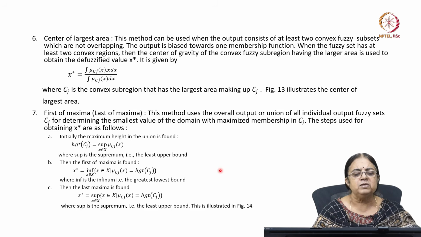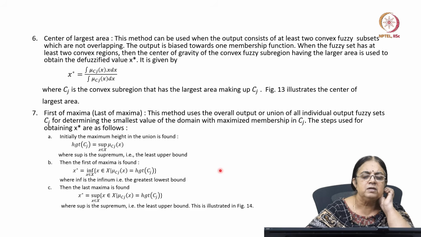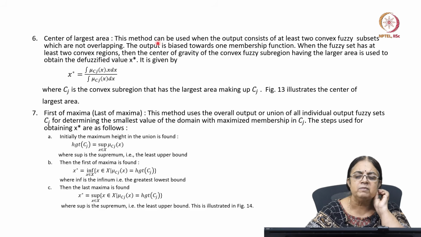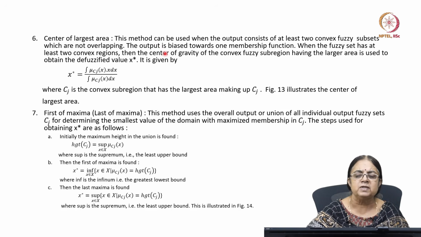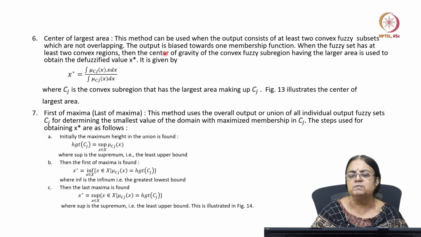Then the next method is the center of largest area. If you have two subsets or more than two subsets which are not intersecting each other, you have one subset, another subset, etc. You find the subset which has the largest area and find the center of that.